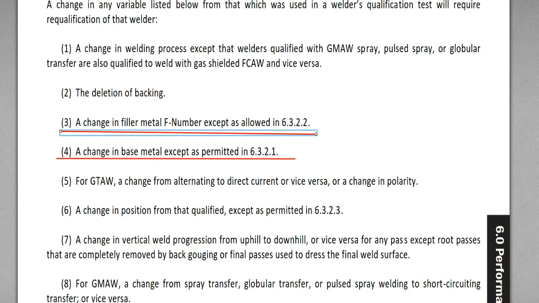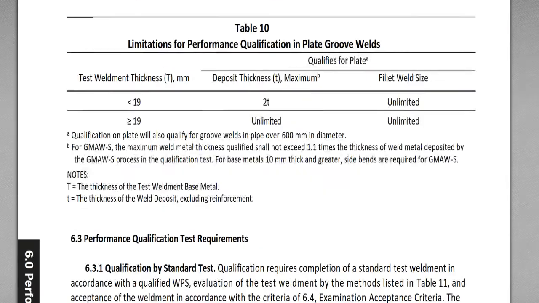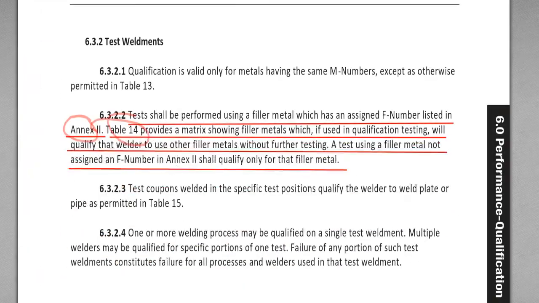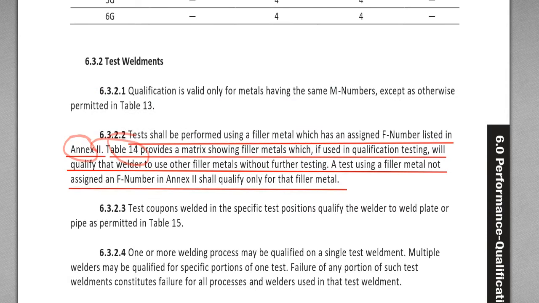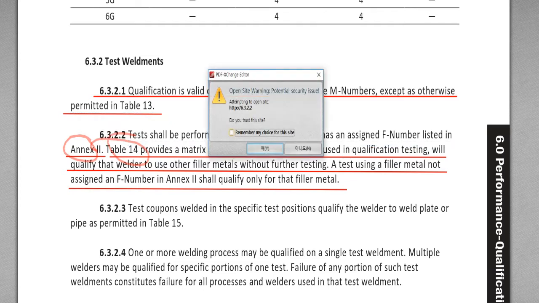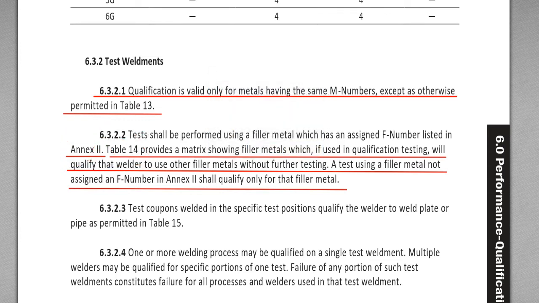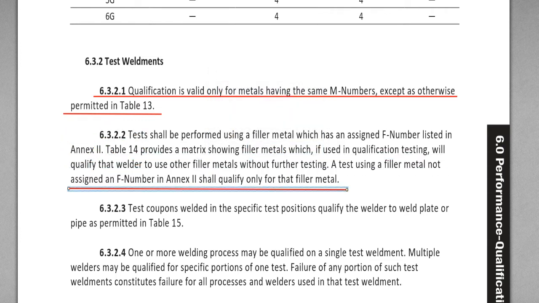6.3.2.1. I'm gonna erase other things. 6.3.2.1: qualification is valid only for methods having the same M numbers except as otherwise permitted in table 13.